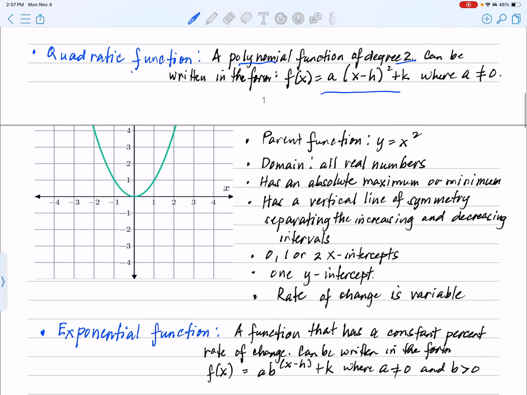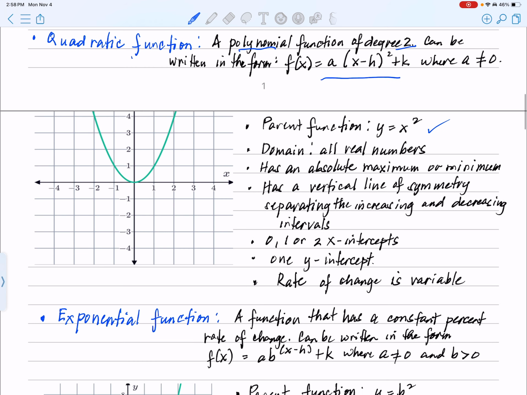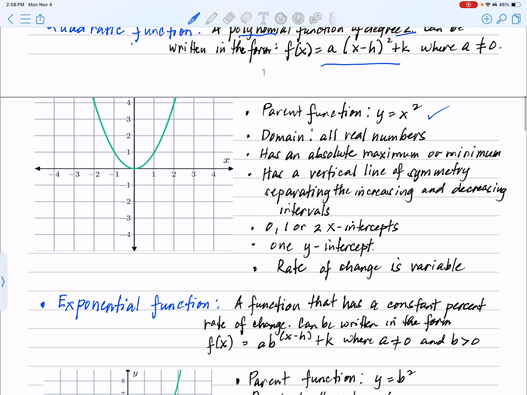The parent function is y equals x squared. The domain is all real numbers. It has an absolute minimum or maximum, and a vertical line of symmetry separating the increasing and decreasing intervals. There are 0, 1 or 2 x-intercepts and 1 y-intercept. The rate of change is variable. All right.